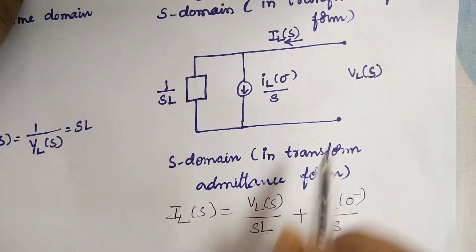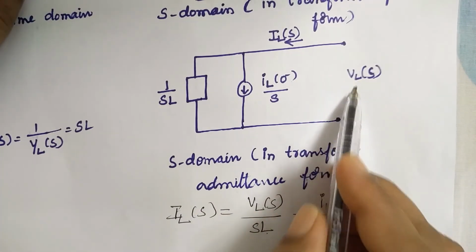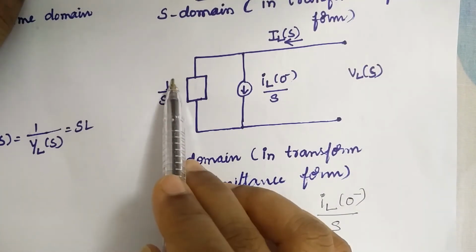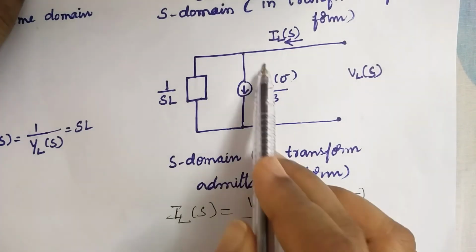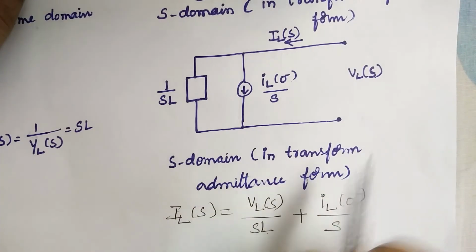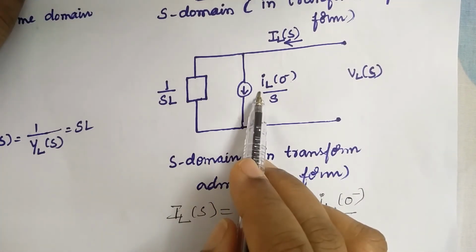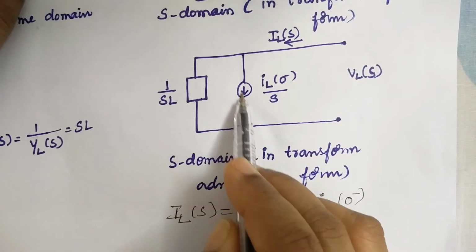Already VL of S is there, no? So what is the leftover? 1 by SL, that will be considered as your admittance. So 1 by SL. Now what is the current here? Same, right? IL of 0 minus by S. So keep that the same, and the direction is like this.